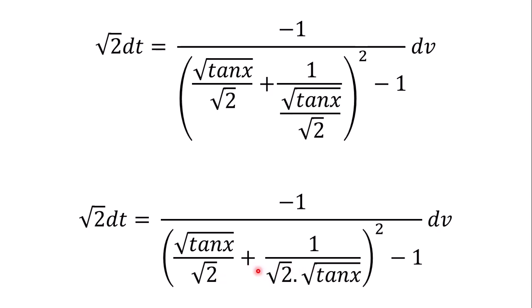Good. Now let's expand the bracket. When we square this one, it's going to give us tan x over 2. Then now this times this times this 2 will give us what, positive 1, and the whole of this one squared will give us what, 1 over 2 times what, tangent x.